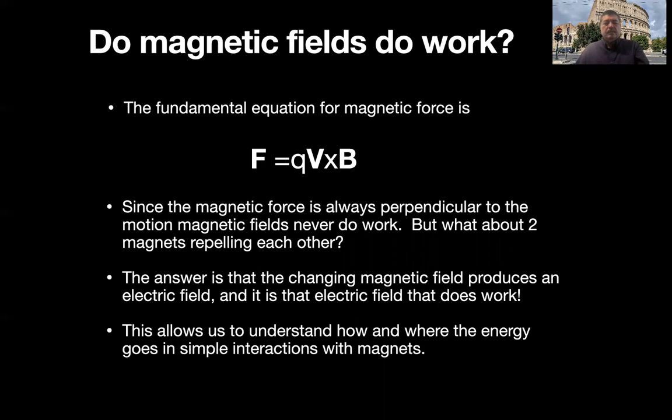This allows us to understand how and where the energy goes in simple interactions with magnets. When I started pushing those magnets together, the two north-facing poles, I was changing the magnetic field. In doing so, I was creating an electric field, and I was doing work against that. So I can do work against the field and store energy in a magnetic field, even though the magnetic field itself does no work.